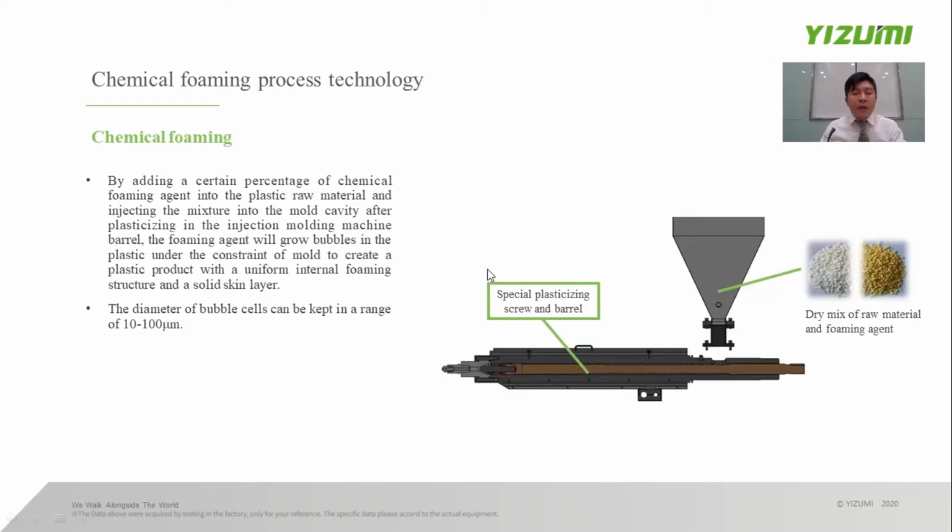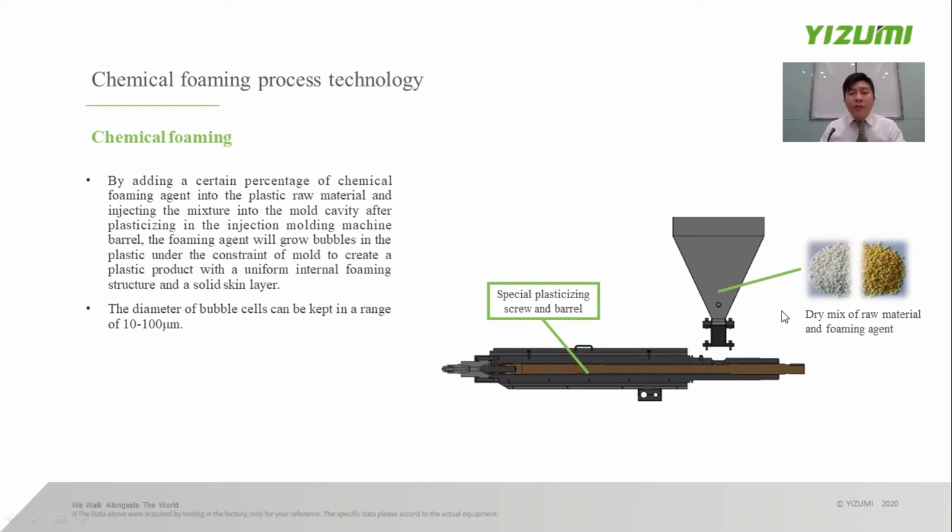Okay, for the third part, the chemical forming process. Compared to the physical type, the configuration of the chemical forming process is simpler. As you can see in the picture, there is no connection of the gas source treatment device in the machine. We can use the chemical forming agent to replace it.